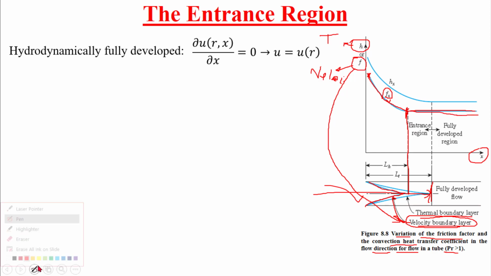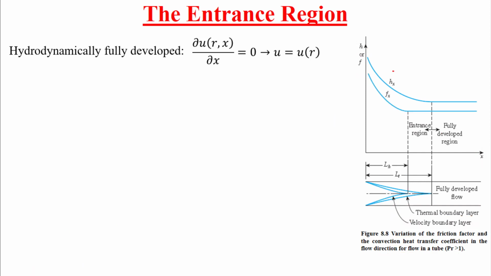The same thing happens to H. Here is the thermal boundary layer, and we relate H with the thermal boundary layer. Once it has vanished, the thermally developed region starts. You can tell easily that H at the entrance is very large, then it decreases, and when it reaches the thermally fully developed region, it becomes constant.